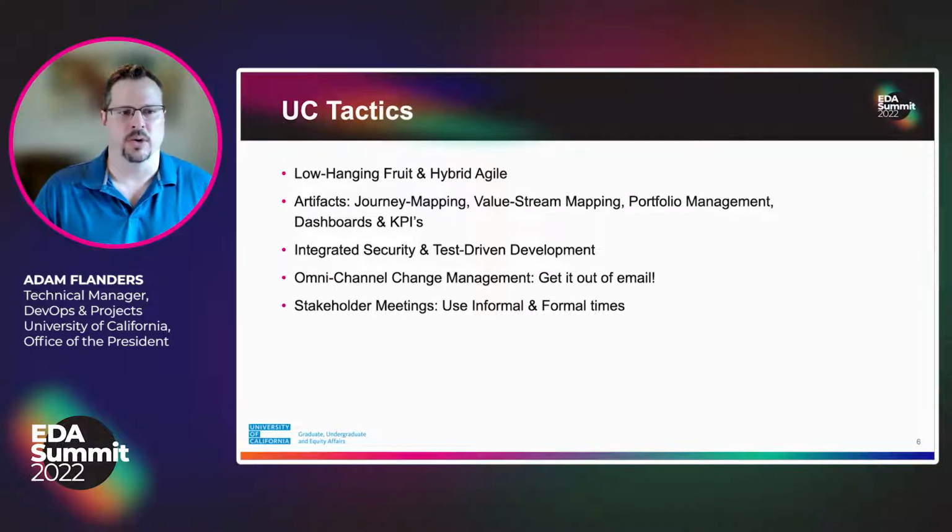We also integrated our security and did test-driven development. And then from a change management perspective, we tried to do more of an omni-channel approach where we were actively trying to keep it out of email as much as we could. And then stakeholder meetings were often conducted on both a formal and informal basis.